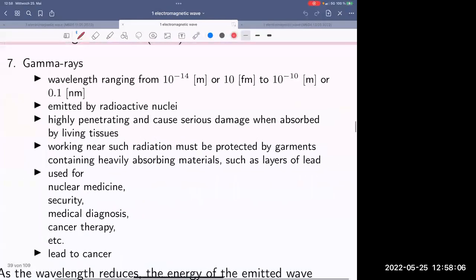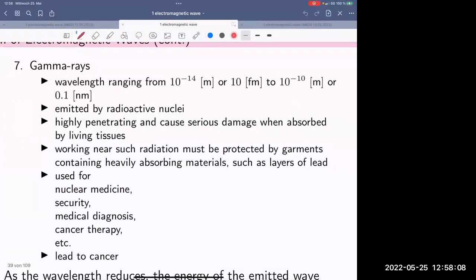What about the good thing? What is the benefit of the gamma rays? It is used for nuclear medicine, and it's used also for security purpose.